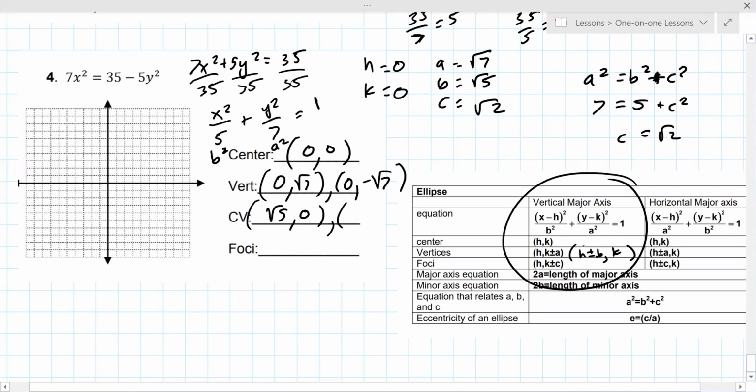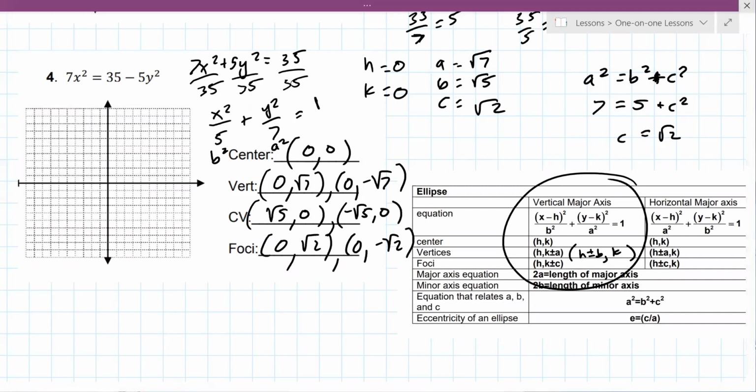H minus B, negative square root of 5, comma, 0. And then the foci is H, comma, K plus or minus C. So it's 0, comma, square root of 2, and 0, comma, negative square root of 2. Awesome. And then you can get the graph there as well.